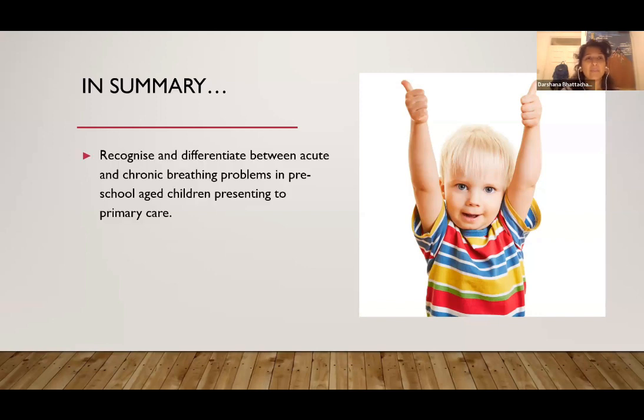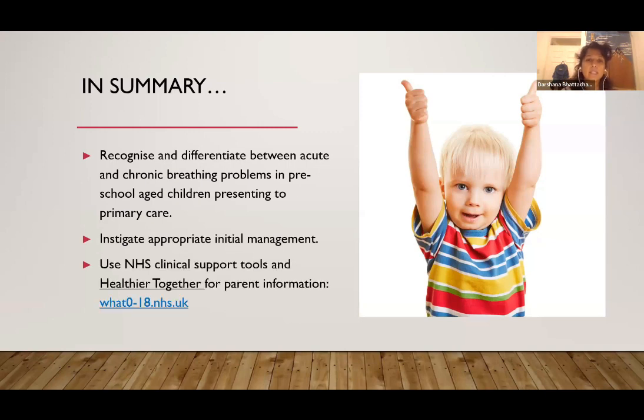I do apologize. But in summary, we've covered the recognition and differentiation between acute and chronic breathing problems in preschool age children presenting to primary care. Hopefully you'll feel confident now in instigating appropriate initial management using a range of NHS clinical support tools and being able to use the Healthier Together platform to give good parent information.